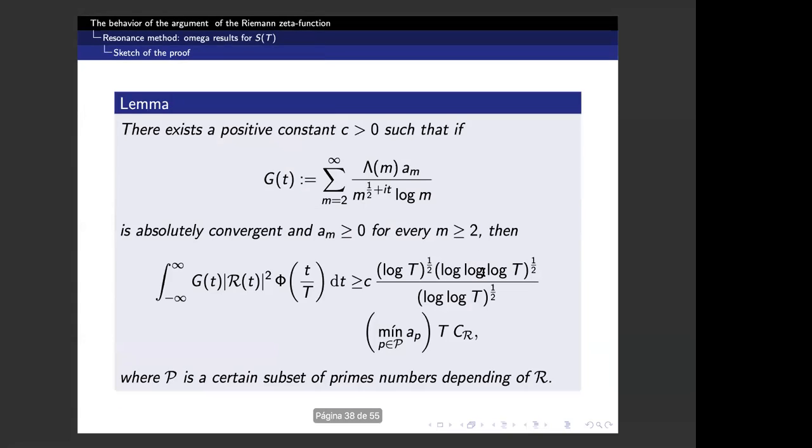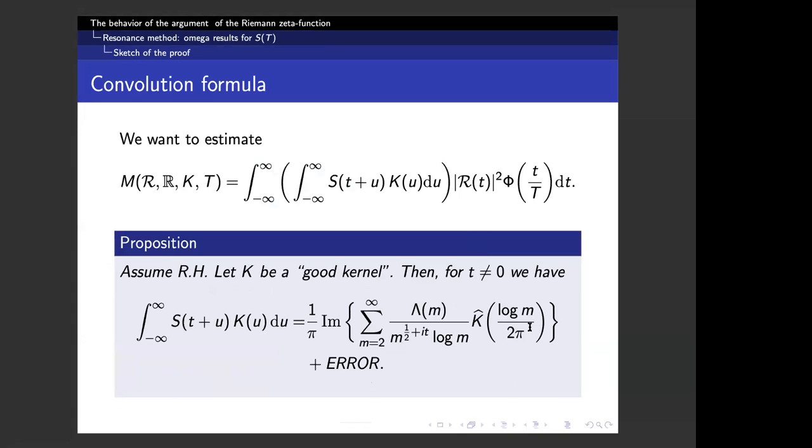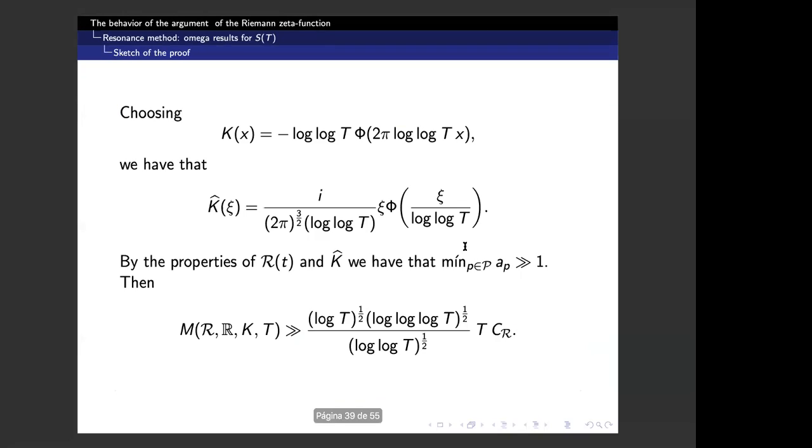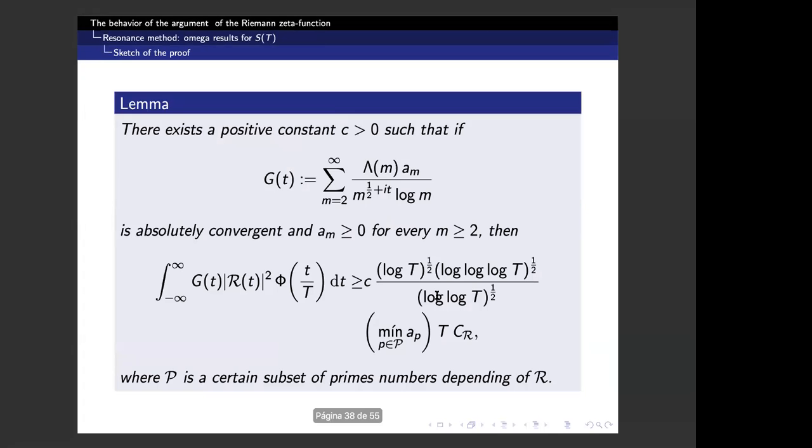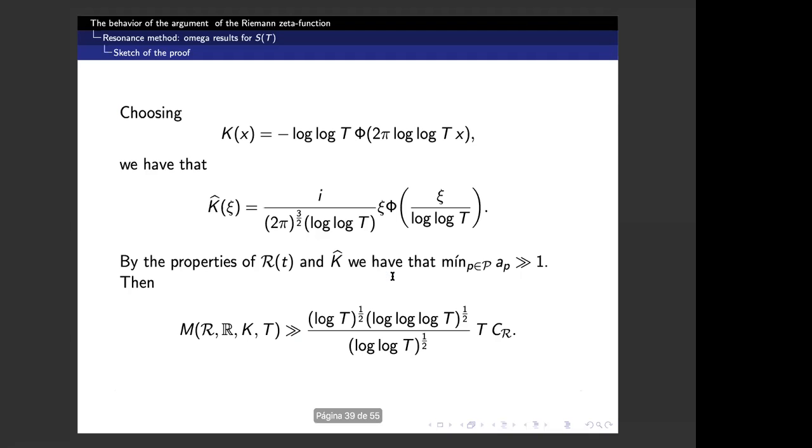And when you evaluate in log m over 2 pi, these numbers are positive. For this reason, you can use this lemma here, because these coefficients here are positive. And then you can make the calculations, and you need to use the property of the resonator and the Fourier transform scale.